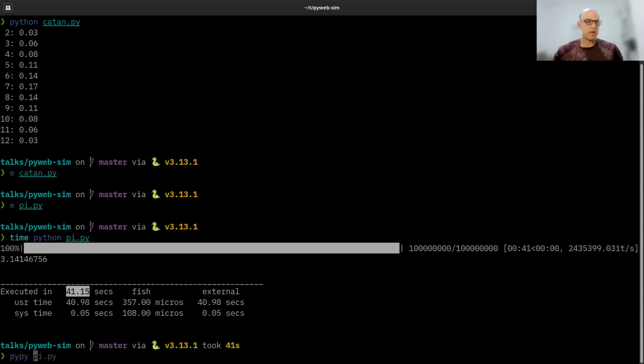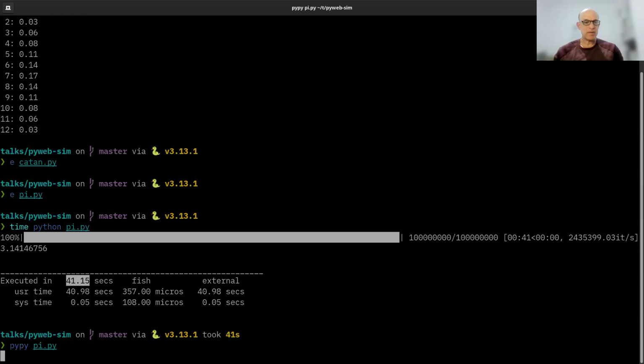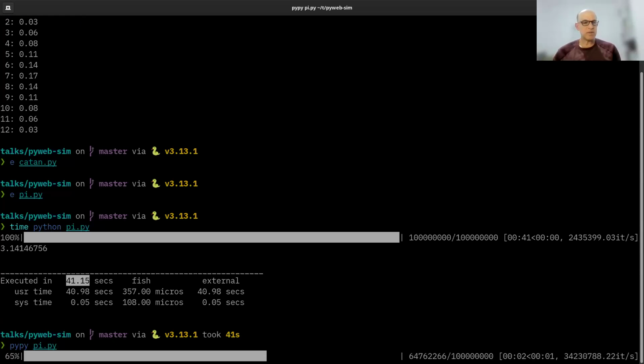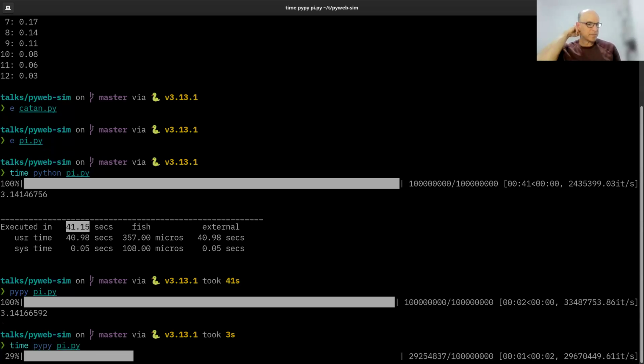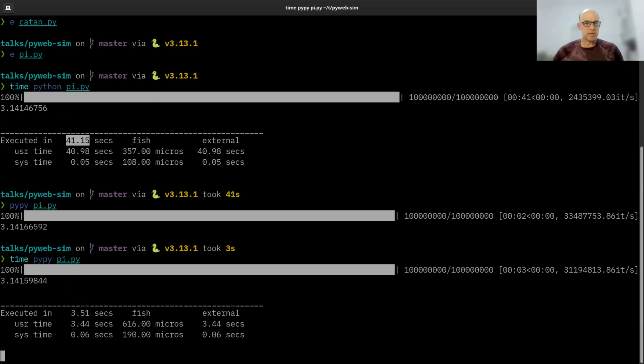And if I run PyPy on that thing, you're going to see the difference. Oh, I forgot the time command. You see this is 3.5 seconds, so more than 10 times faster on these calculations. I'm not saying use PyPy for everything.